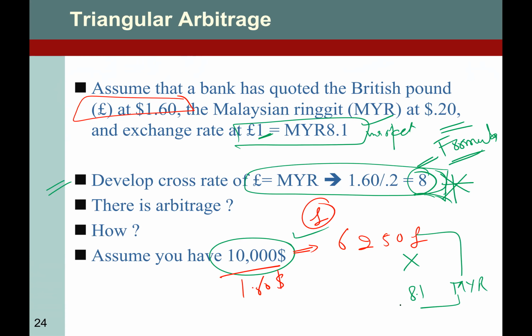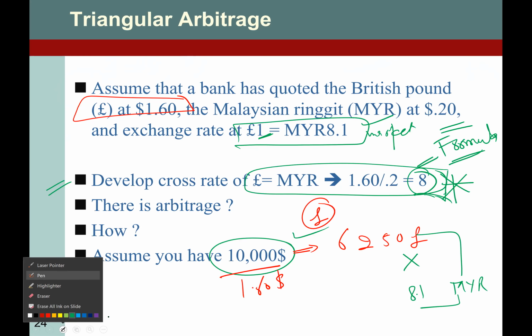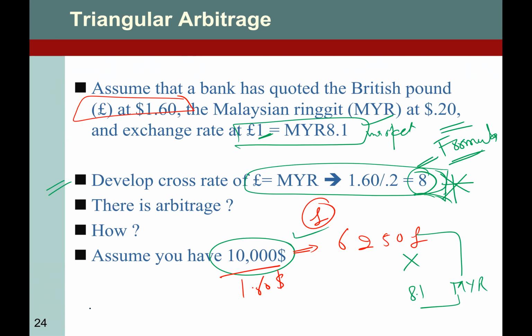The answer is you will have 50,625 Malaysian ringgit.